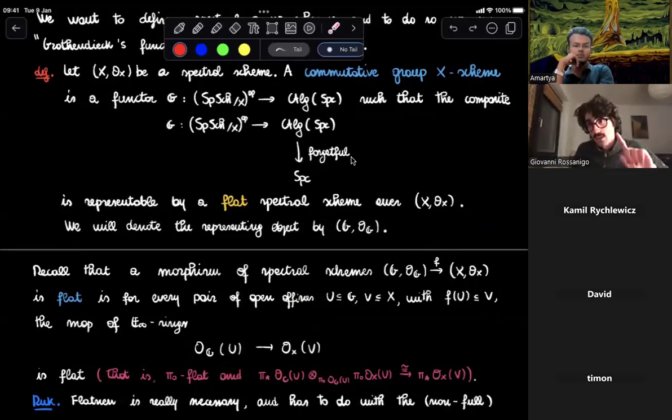Flat in the sense of infinity geometry, that is, it is flat on pi naught, and we have an isomorphism of graded commutative rings.